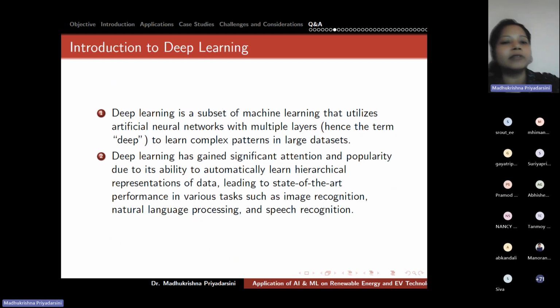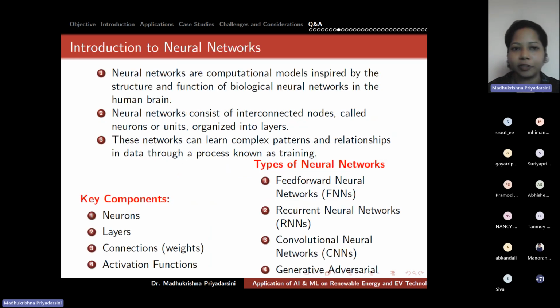Another term I have given here is deep learning. Deep learning works using the concept of neural networks. A neural network is modeled on the human brain cells and how they work. Deep learning takes the input and output through deep neural networks, and it is used for image recognition, natural language processing, and speech recognition.